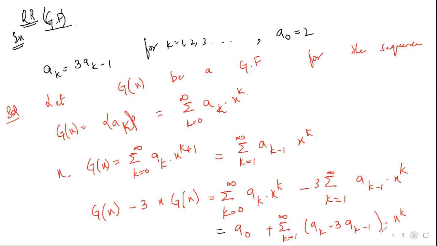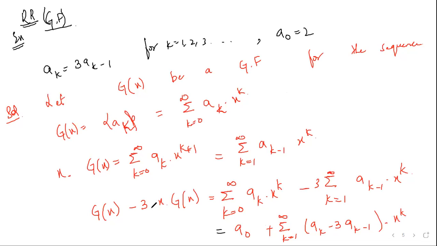So over here, from where did we start? We took g of x minus 3x g of x. Okay. G of x minus 3x g of x is equal to a naught plus this entire summation. But we know this is equal to 0. If I take the equation, ak minus 3ak minus 1 is equal to 0.